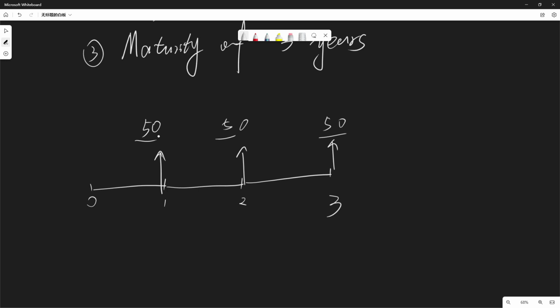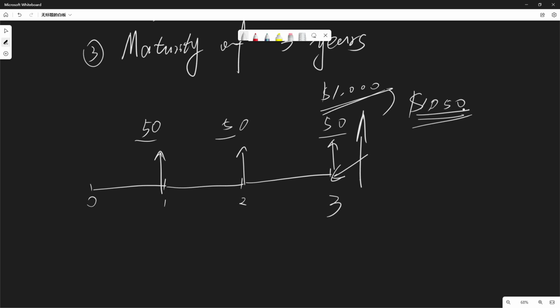And don't forget, at exactly the same time, you're going to receive 1,000 US dollars of principal, because at that time the bond will become mature. So essentially, if you add that, 1,050 US dollars at the maturity is the cash flow that you will receive.